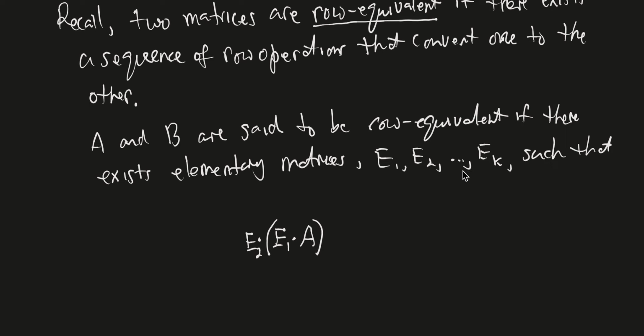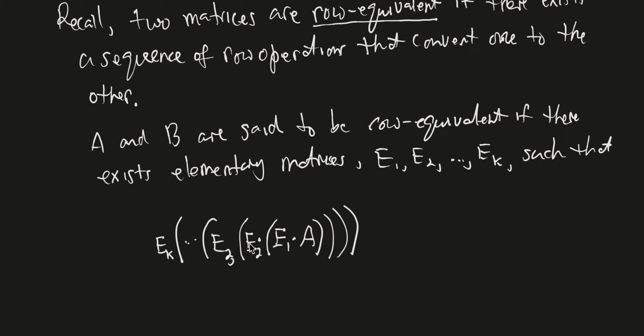But all this basically is saying, if I take these elementary matrices and one at a time perform my pre-multiplication, right, of A with each of the E's, then eventually I will end up with B. So if I do this, and then maybe I'll do another one for emphasis, so that'll be E3. And then dot, dot, dot, all the way down to the very last one, E sub k.